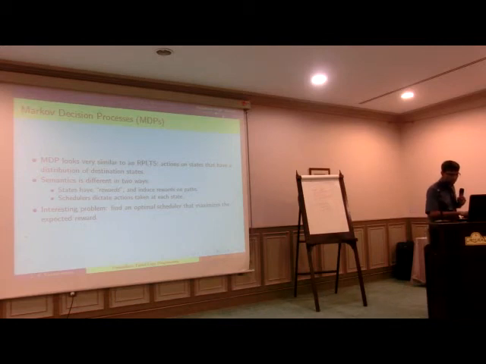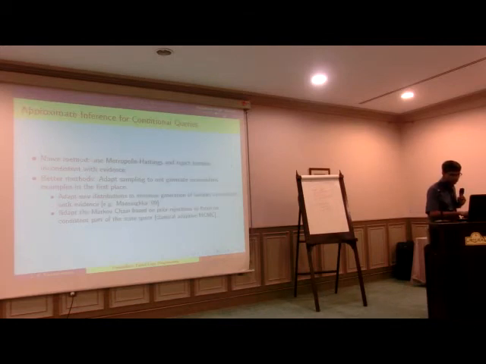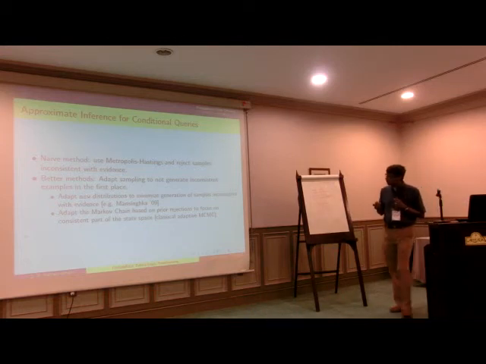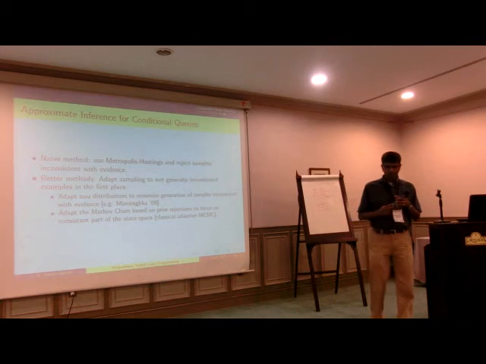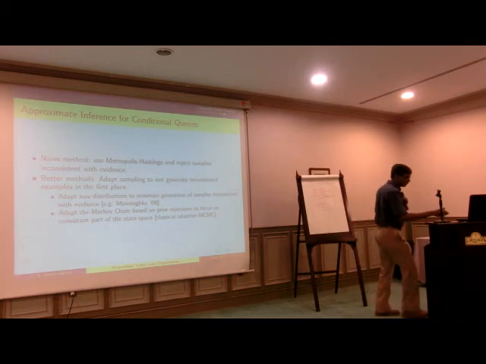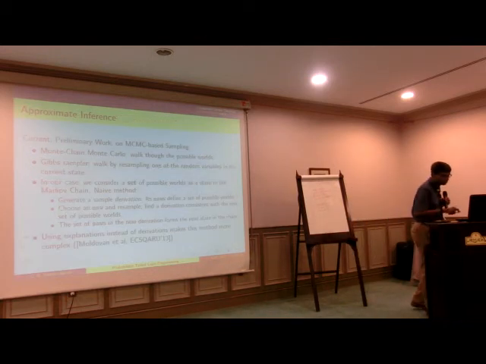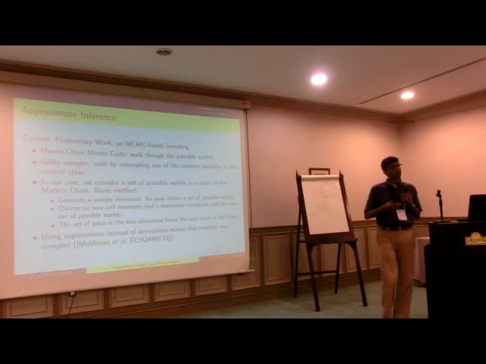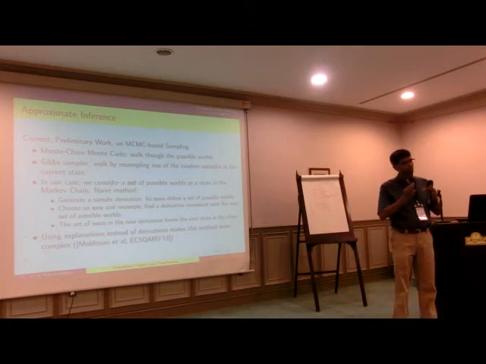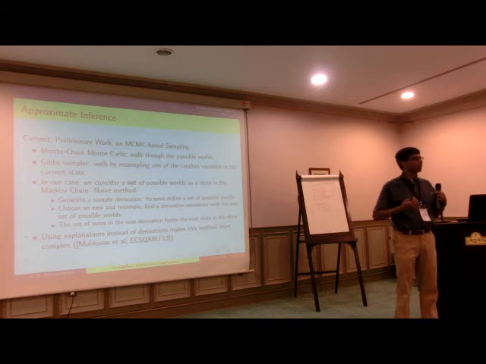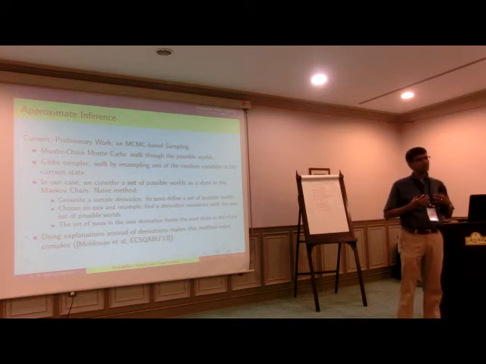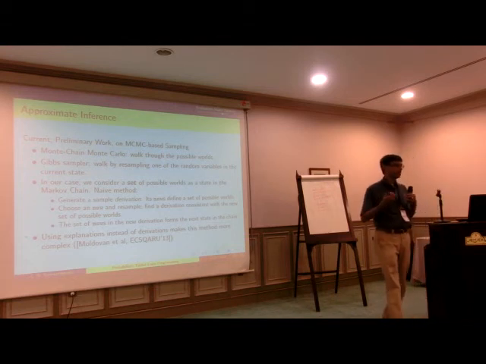The kind of things that we are currently looking at are sampling-based methods. Now that we have a way of inferring exactly what the probabilities of these runs are, when the systems are very, very large, it's very hard to scale nicely.